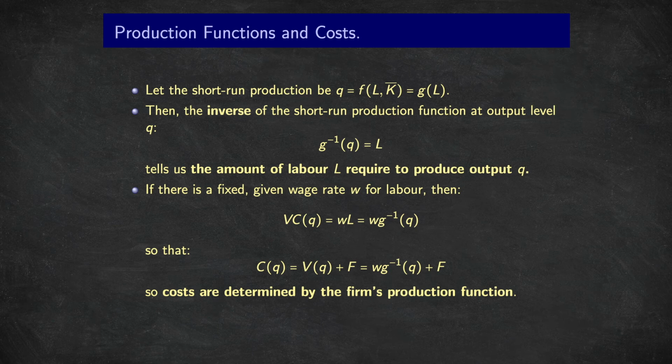Okay, so using these two basic assumptions, if I know the short-run production function and I know the price of labour, the wage rate W, then using those two assumptions together, I can derive the firm's variable cost function. Similarly, the total cost function will be the variable cost function plus some fixed amount.